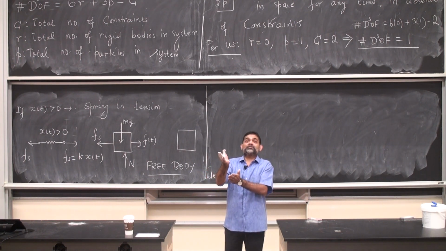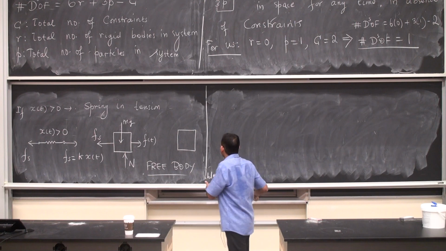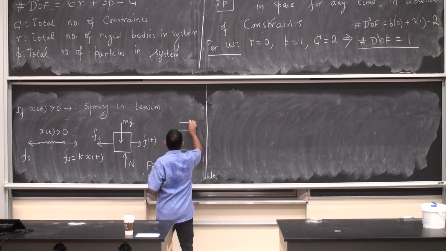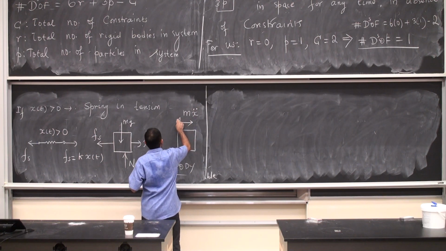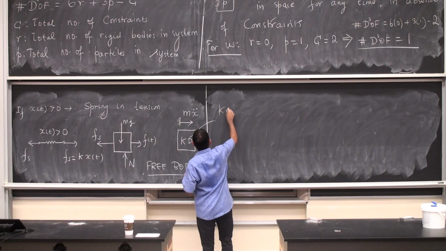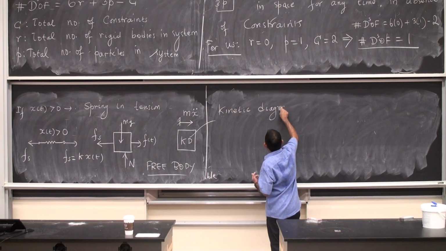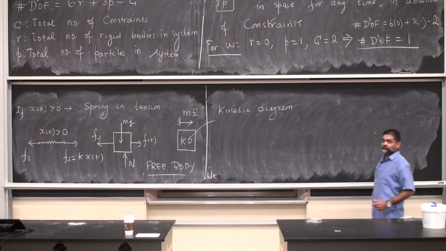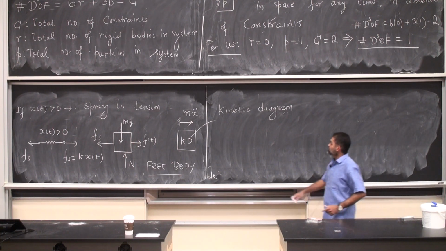You mark the force in the same direction as a positive sign convention. Do not change this, no matter who you are. Mass times x double dot. This is the kinetic diagram, and then you bring out force balance.